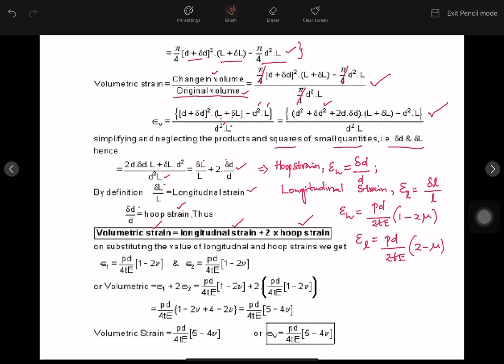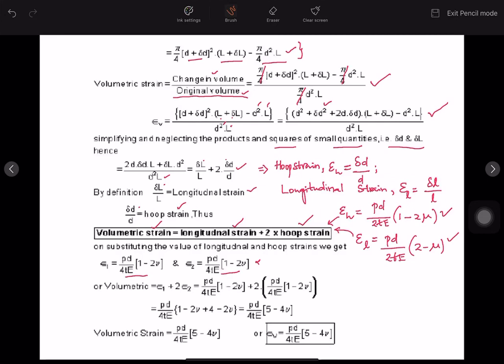So if we substitute these values in this equation, I guess there are some mistakes in this, which is wrong. This should be 2t. Okay, whatever.